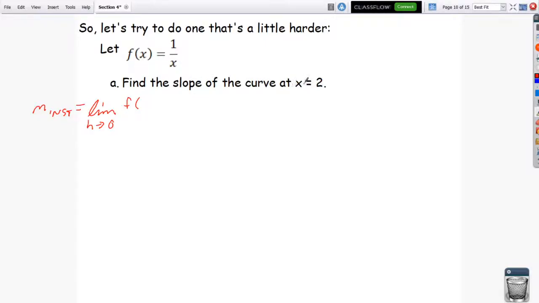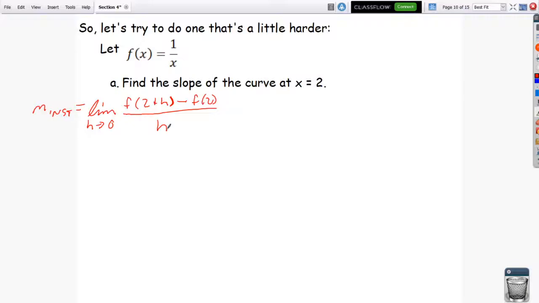Whatever it says at x equals 2, that's your a value. So f of 2 plus h minus f of 2 all over h.